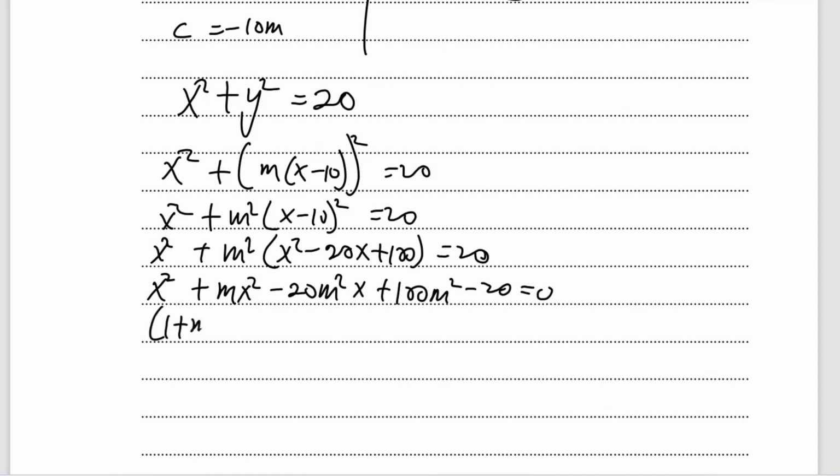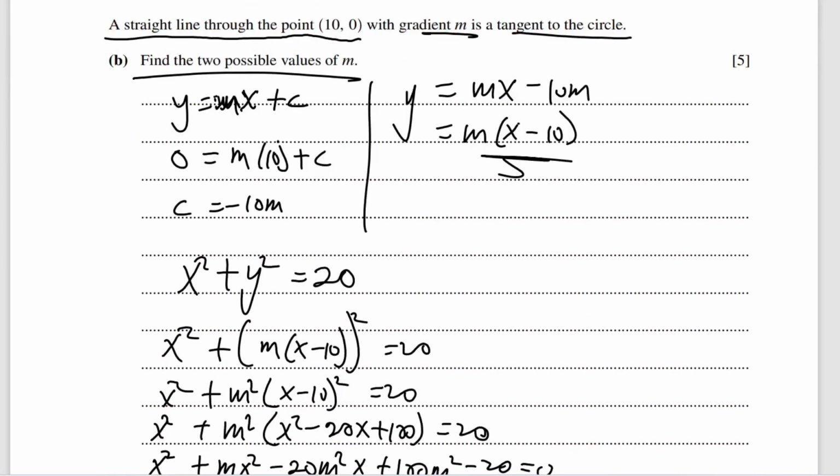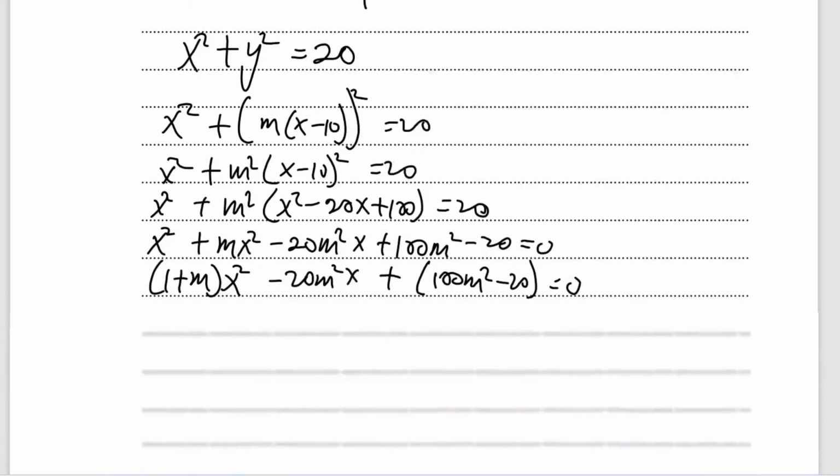So I'm going to have 1 plus m squared, not all squared, sorry. That's 1 plus m squared x squared. Then I have negative 20m squared x. Then I have this as my constant. Since they said that it is tangent, this is a key word, we are going to use the discriminant on it.